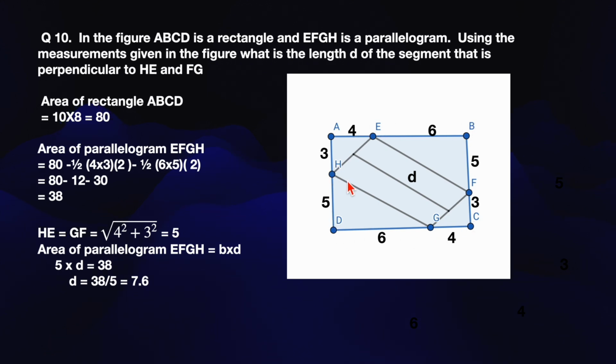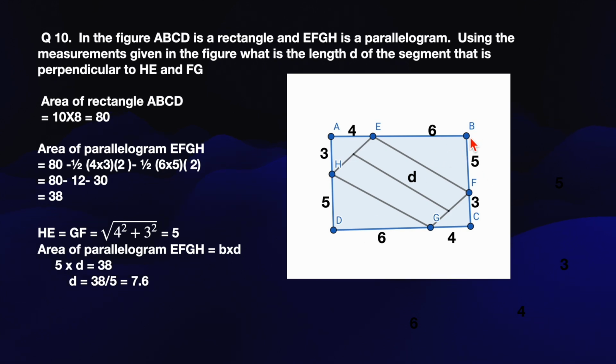So what we'll be left with is the area of the parallelogram. Let's find the area of this triangle. It is 1/2 into 3 into 4. There are 2 such triangles, so I will multiply by 2. Similarly, this triangle is 1/2 into 6 into 5.